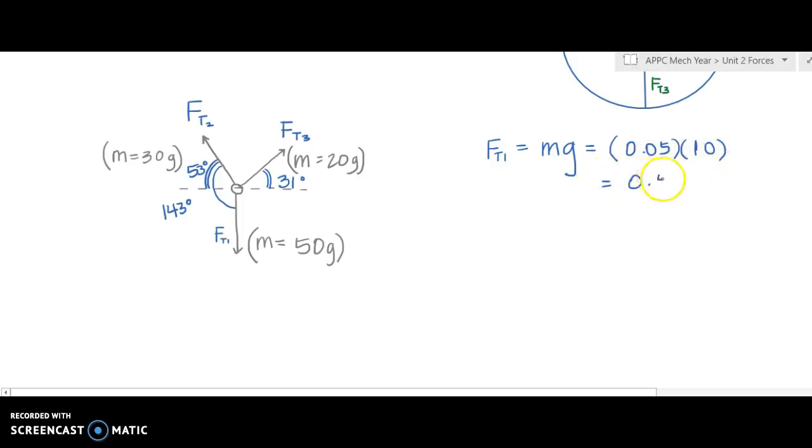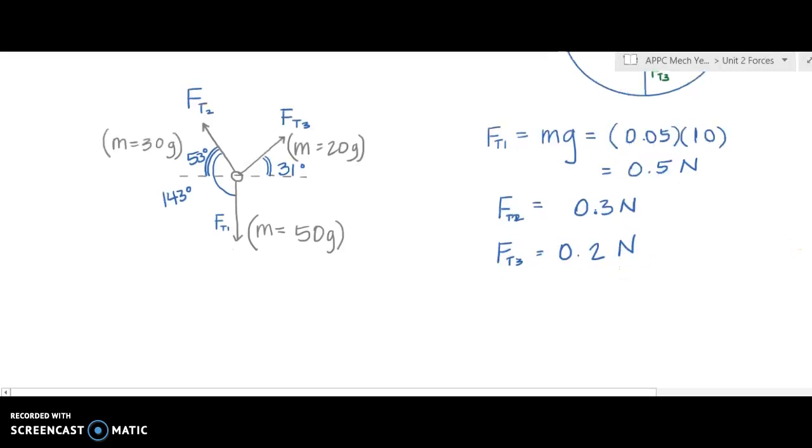So that's 0.5, and the unit for force is Newton. Following that same path, FT2 would be 0.3 newtons, and FT3 would be 0.2 newtons. Any questions so far?